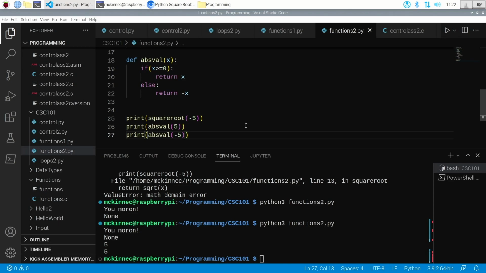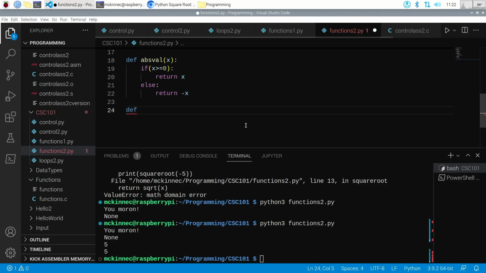All right, so let me define another function, and this will kind of give us a preview of coming attractions. I'm going to write a function that takes a number and raises it to a power.